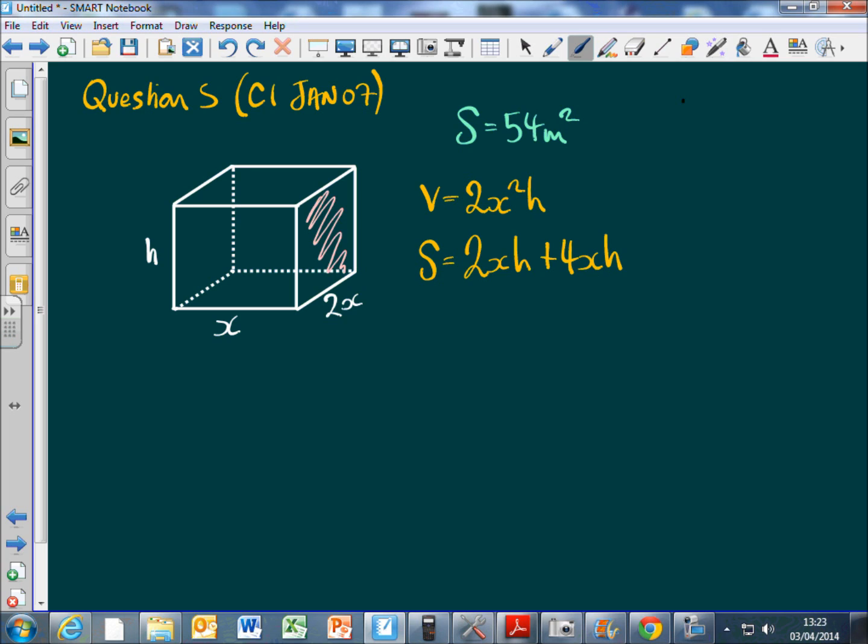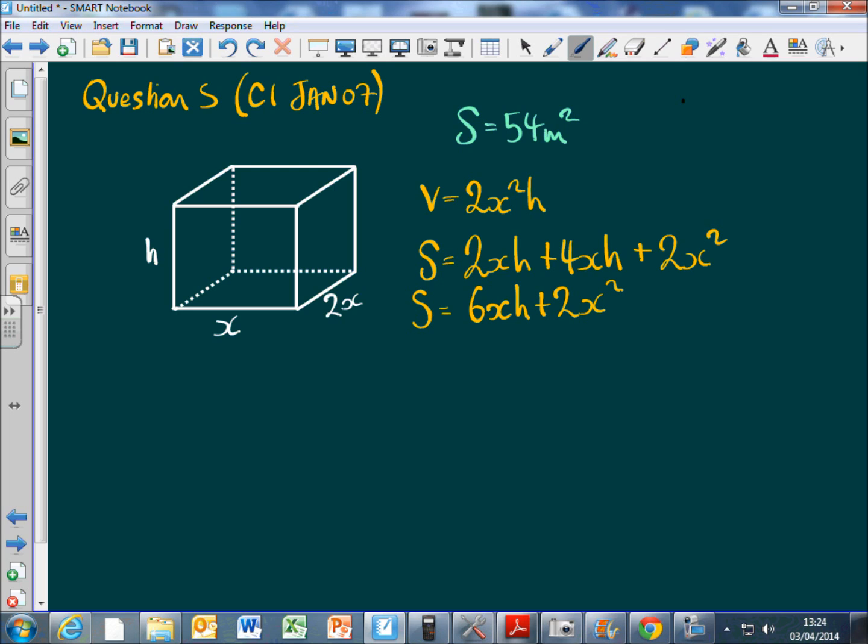Then finally we've got the area of the base, which is x times 2x, so that's 2x squared. If I tidy all this up, I get 6xh plus 2x squared as the surface area.